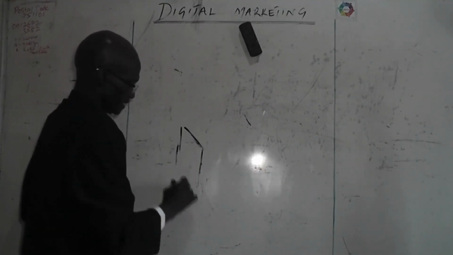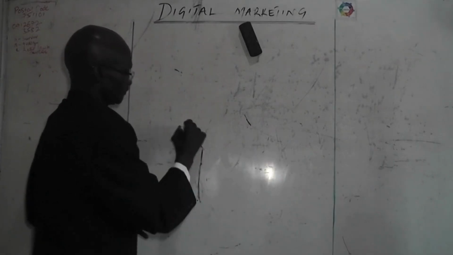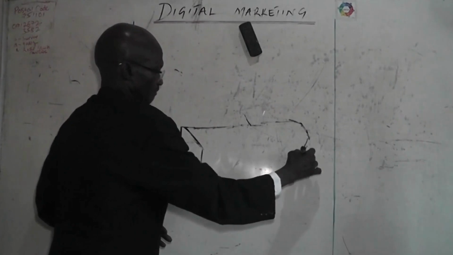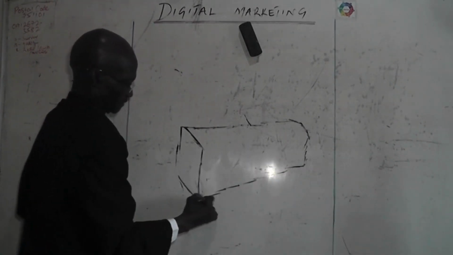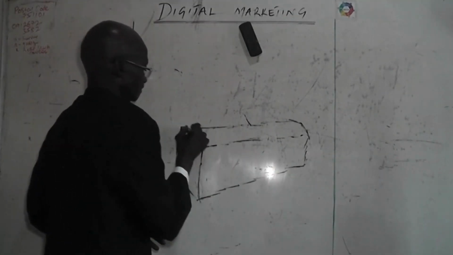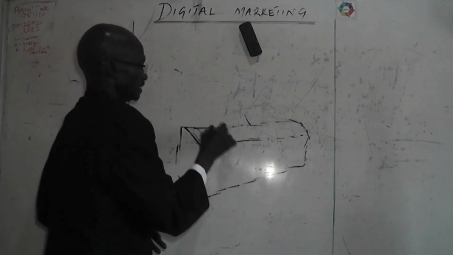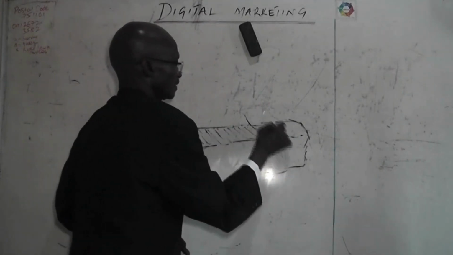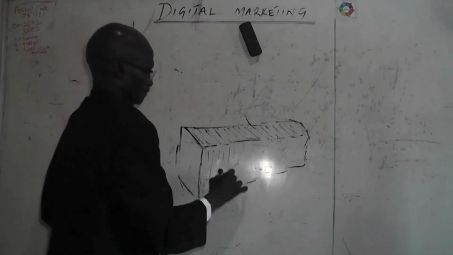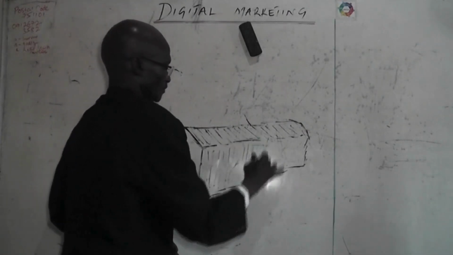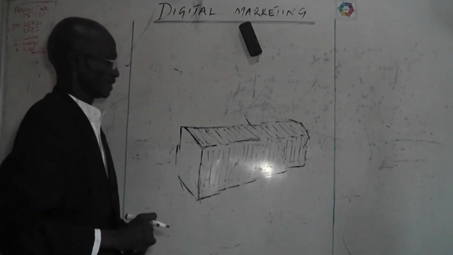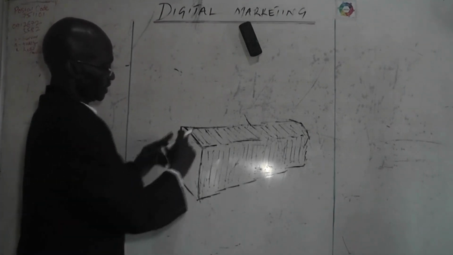This bread is a sliced bread, which is something like this. Now, this is the product itself.